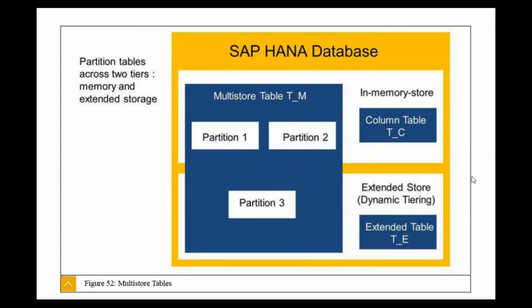So we have partition 1, partition 2, partition 3. So these are multi-store tables. Okay, multi-store tables: in-memory store column tables, and extended store dynamic tiering.